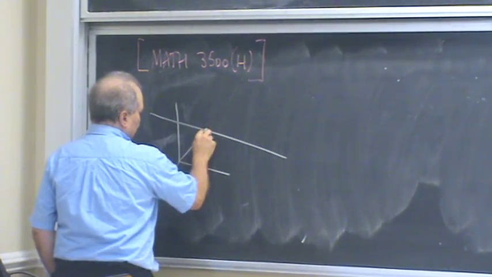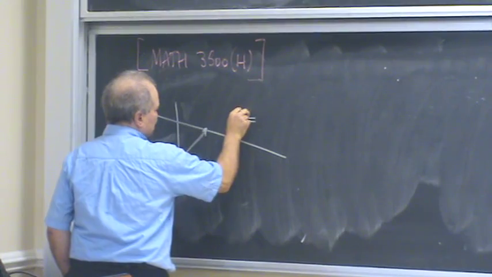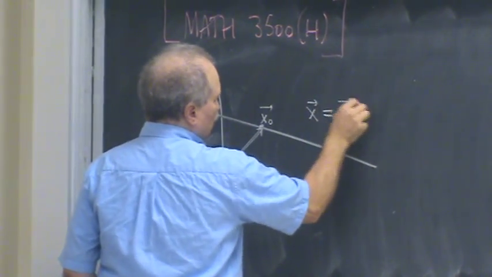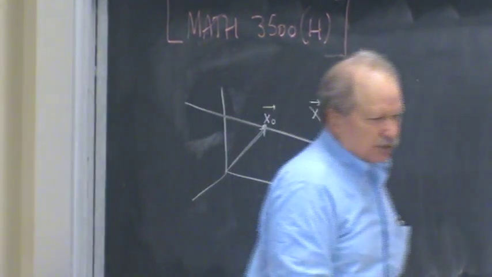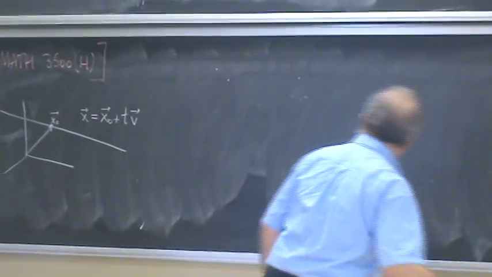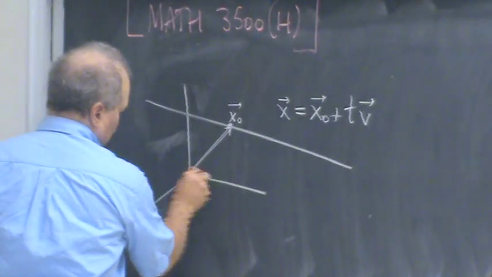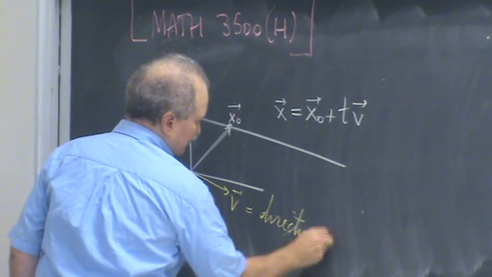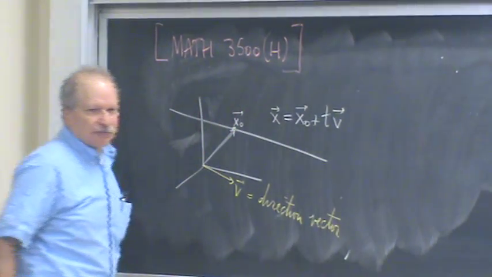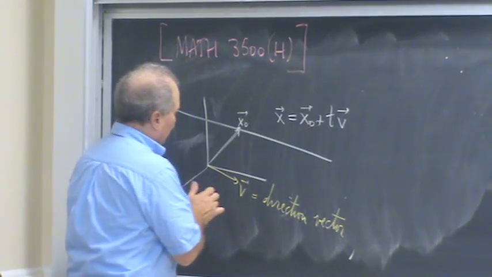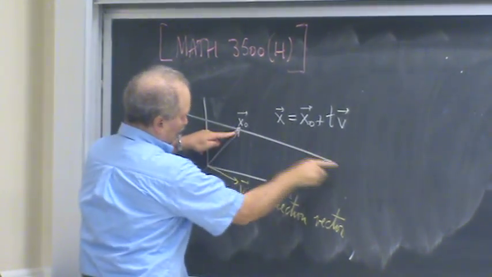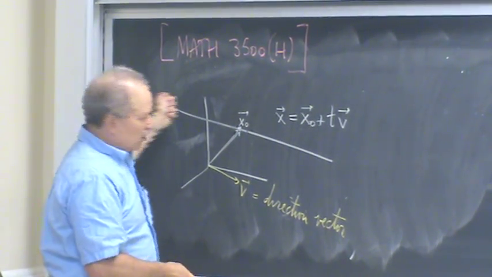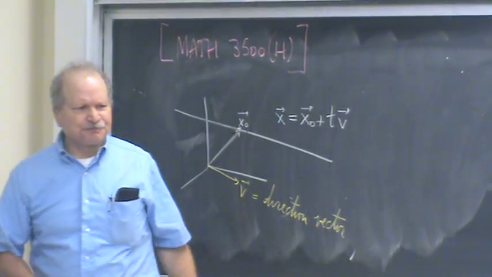So we had this general formula that if you had a particular point on the line, you could go there and then add scalar multiples of a vector, which I'm going to call the direction vector of the line. As t varies, you're moving along the line. T going negative, you go backwards. T going positive, you go forwards.